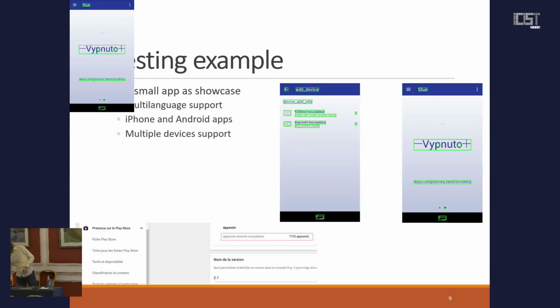All right, here is a small example. We ran our algorithm on a single application. With our tool and method, we analyze the screenshot, identify the text, and extract the text that has a missing label, shown here as a missing translation.